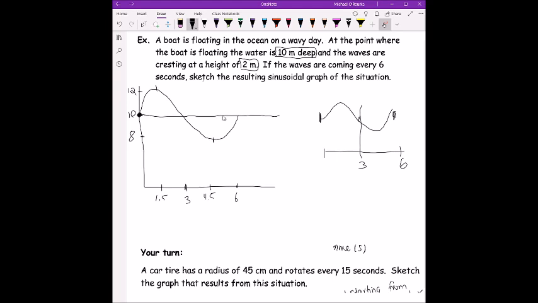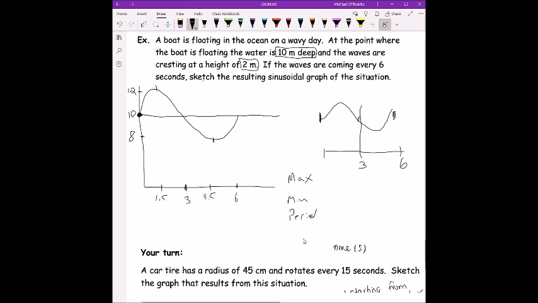Okay. So what's our information here? Let's write down what's my max, what's my min, what's my period, what's my axis, and what's my amplitude. Ooh, I wrote that in the wrong order, which will mess people up.